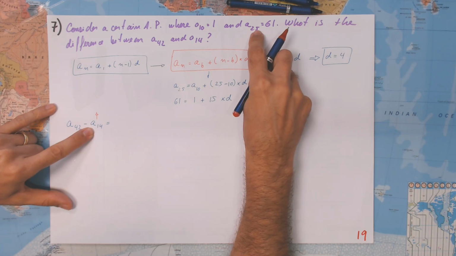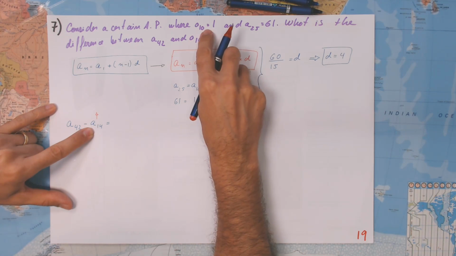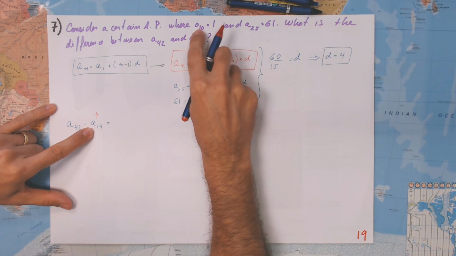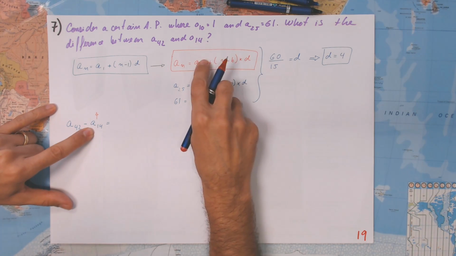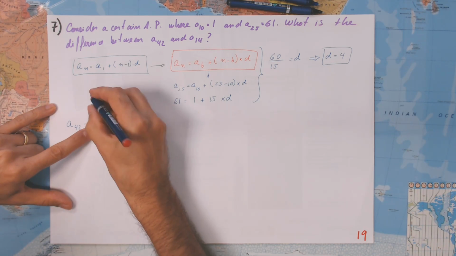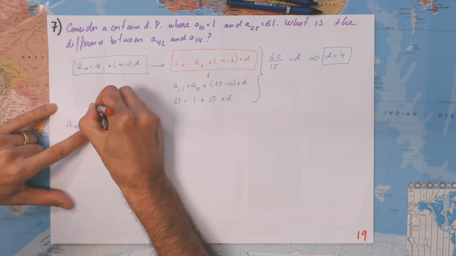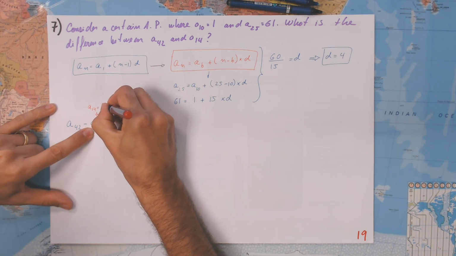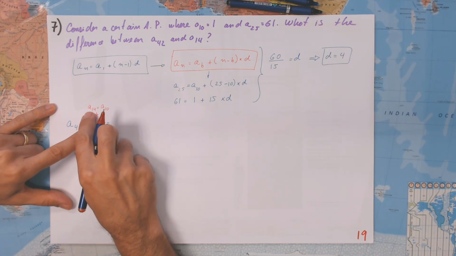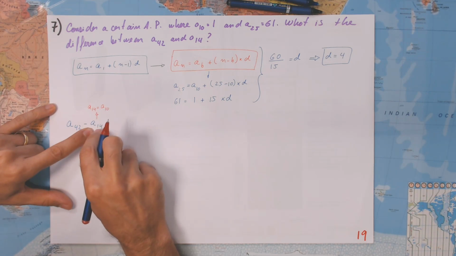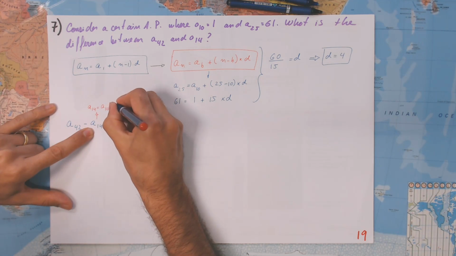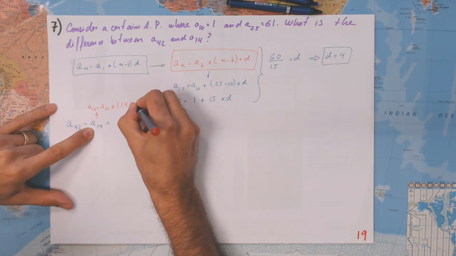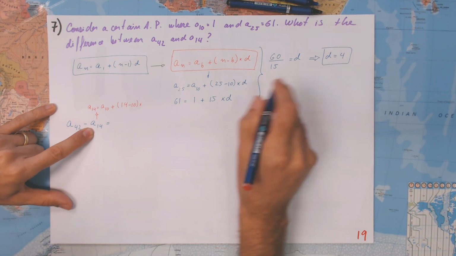It could be a25, but I'm going to use a10 because it is just 1, a very simple number. So a14 is going to be a10 plus 14 minus 10 times 4, since I know that d is 4.